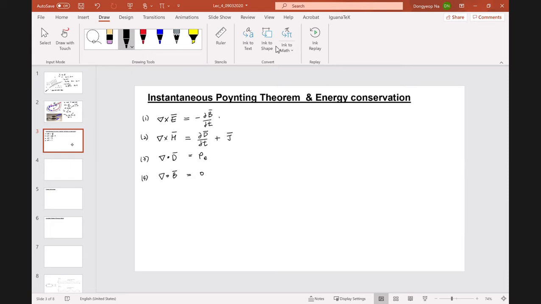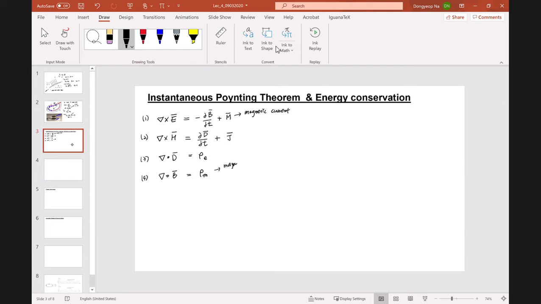So even if we don't have a real magnetic current, for mathematical symmetry, and also because we can engineer an equivalent magnetic current, I'm going to put M here, magnetic current, and magnetic charge.